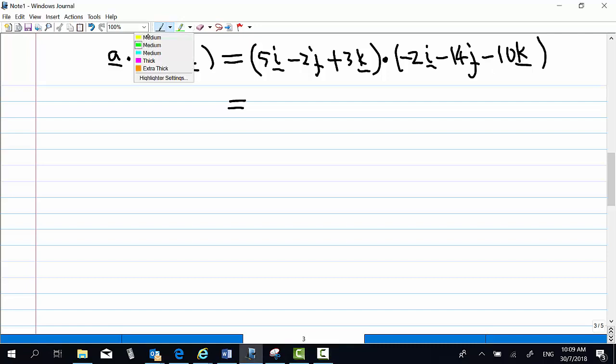So when you do a dot product, you multiply 5 with minus 2, then you get minus 10, plus, then you multiply minus 2 with minus 14, you get 28, and then you multiply 3 with minus 10, you get minus 30.